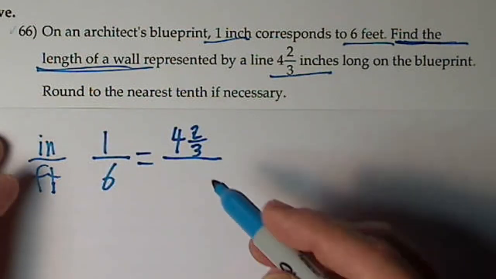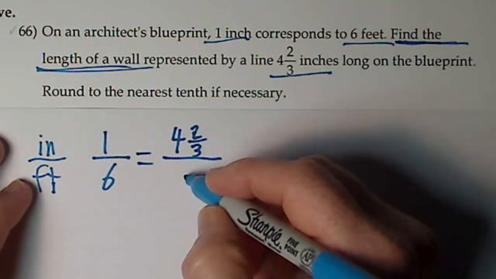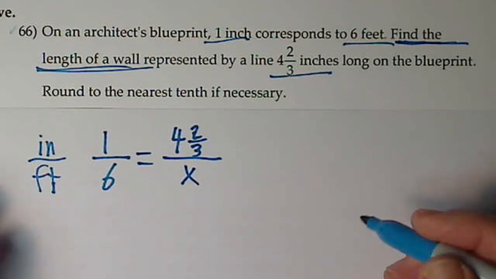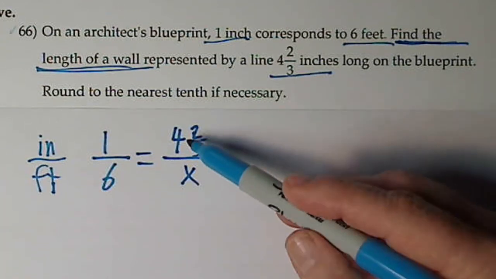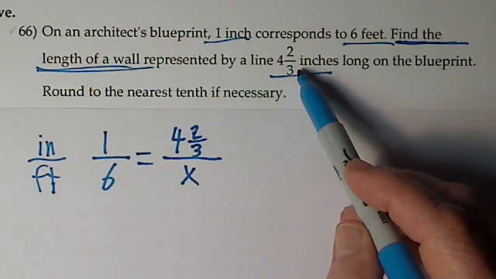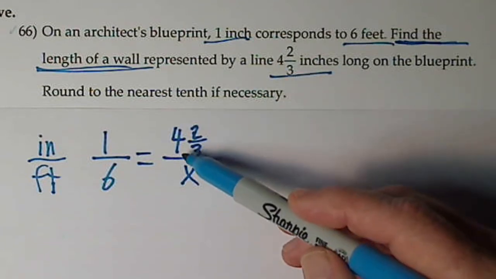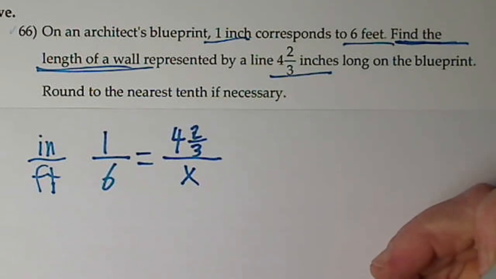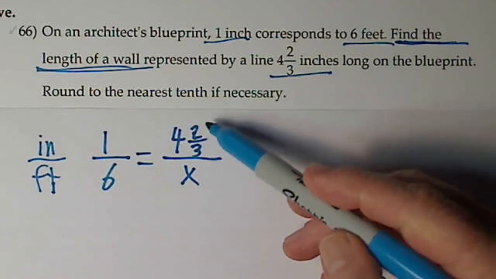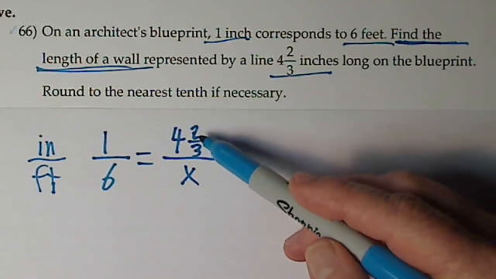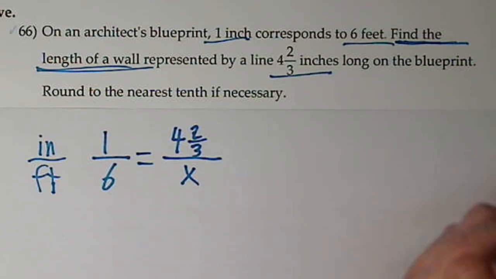The length of the wall is in feet. So that's where our X is sitting. If this had been, let's say, 4.5 inches, maybe you would just write 4.5, and that would be pretty easy to work with. 2/3 doesn't turn into a decimal neatly. There's a repeating decimal there, so we'll just deal with it as a fraction.